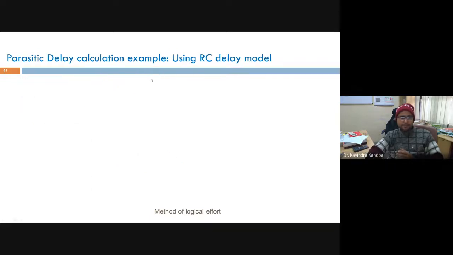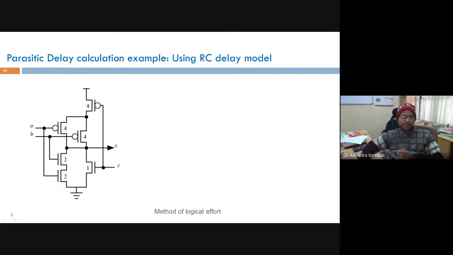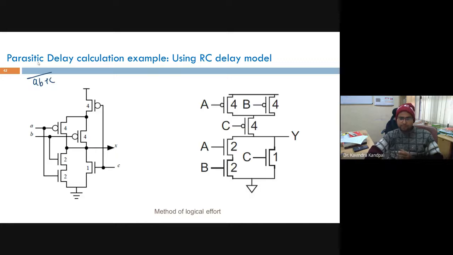Can I say the same implementation of this circuit can also be done like this? Is it still AB plus C whole bar? There are two different topologies now. I think this one is the same as this one. Are both the same or not?